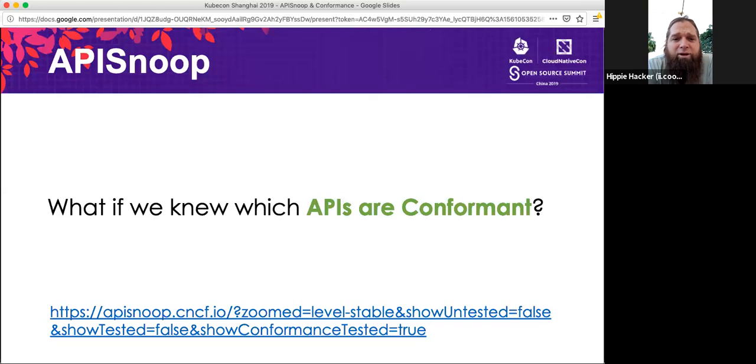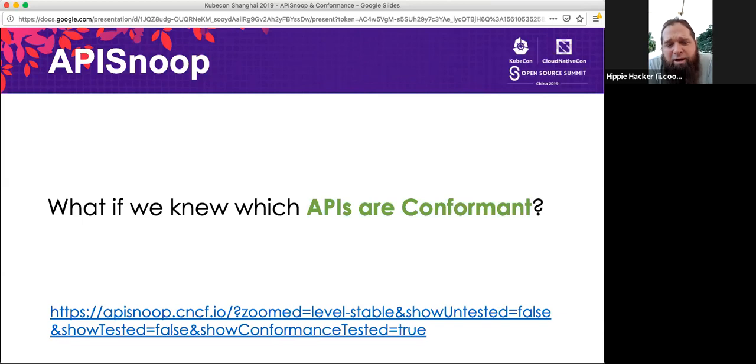So our first question is just, which APIs are conformant? API Snoop links from the top are persistent, so when you click on any of these links, they'll come up and you can change your zoom level, click on whether you've got tested, untested, or conformance, and most of these links are based around that simplicity.